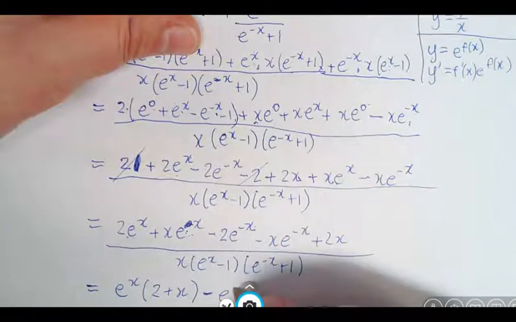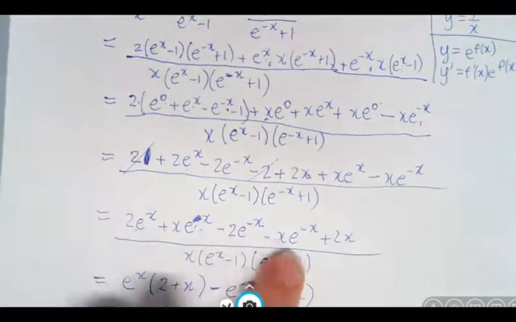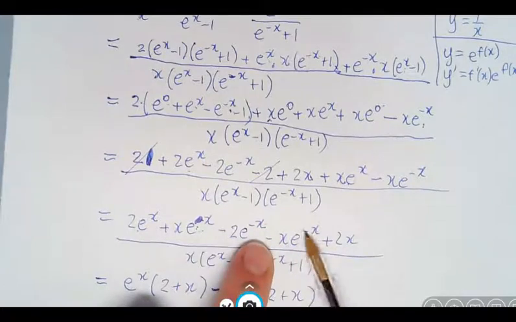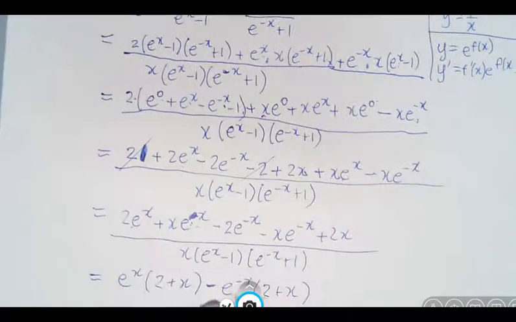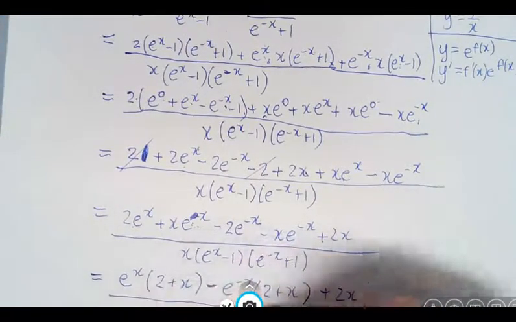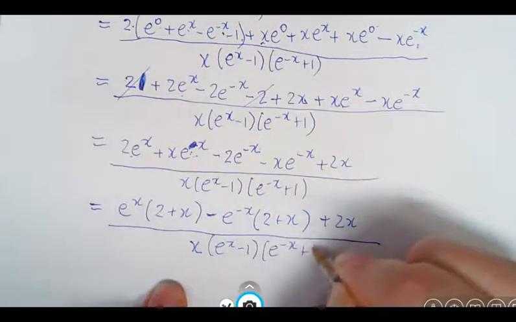So I go minus e to the negative x, and I've got 2 plus x again. So if I take out the minus e to the negative x, I will be left with 2 plus x and plus 2x over x e to the x minus 1, e to the negative x plus 1.